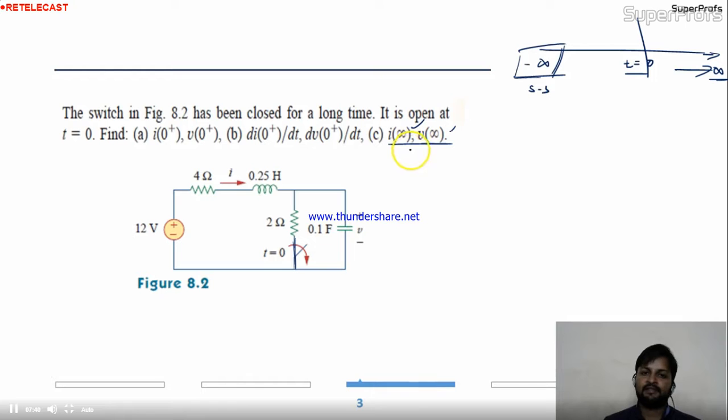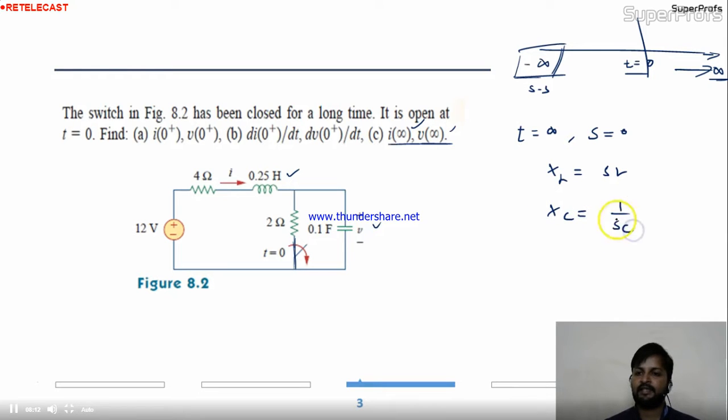So earlier we discussed the conditions at steady state for voltage across the capacitor and current, or I can say the conditions of inductor and capacitor. See, t equal to infinity means S equal to 0. Now XL is nothing but SL, and XC is 1 by SC, correct?